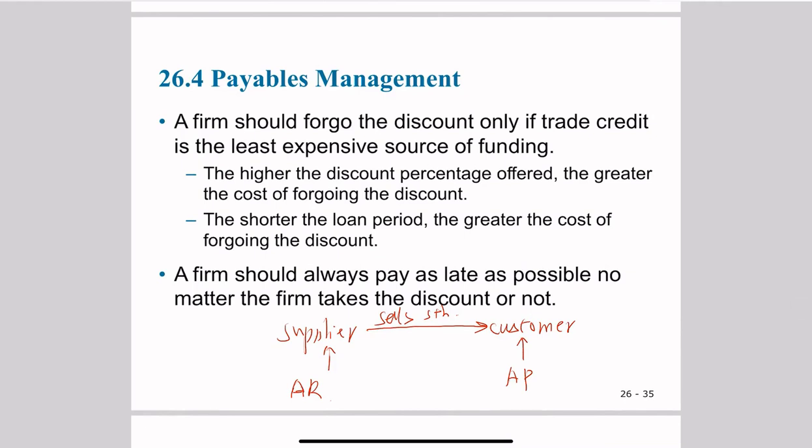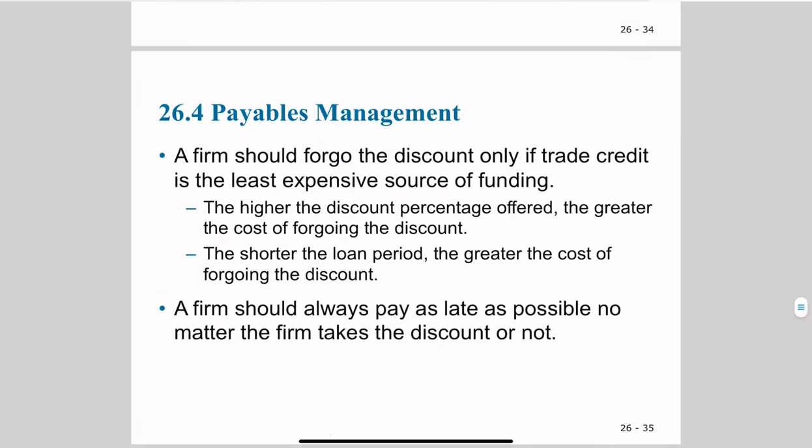So the first question we want to ask is, if you're the customer, if your supplier gives you a certain credit term, then should you take the discount or forego the discount? Recall the credit term we discussed in the last class. Let's say if you're the buyer, you have a credit term like this.